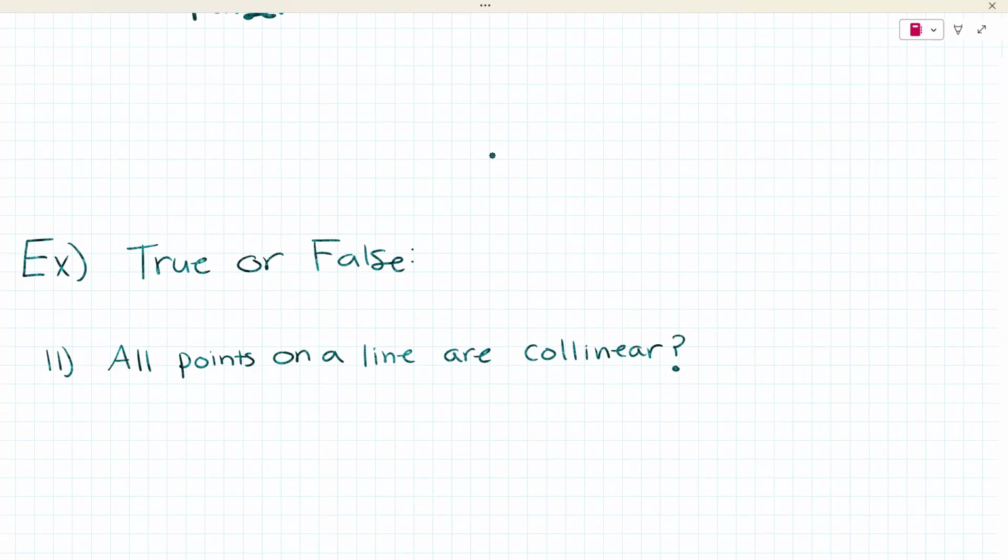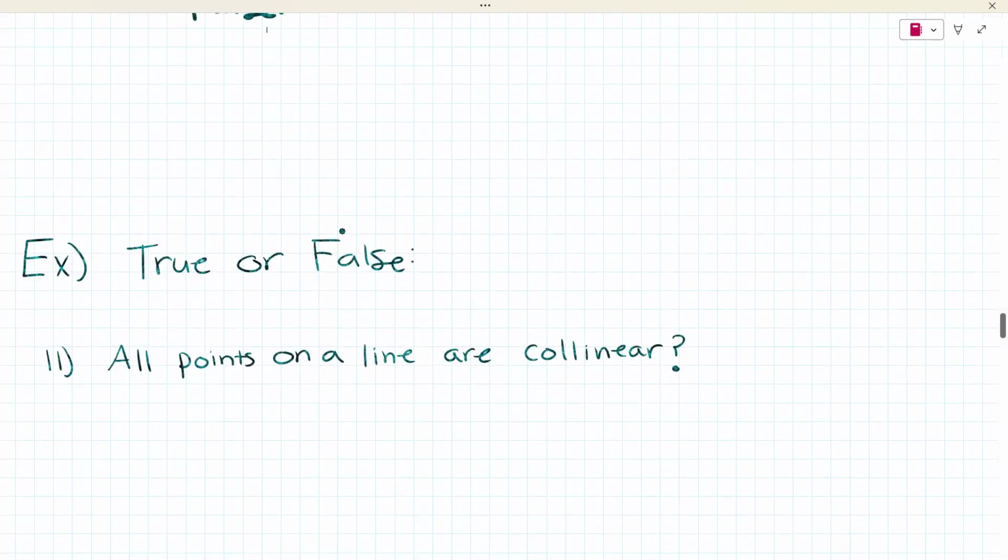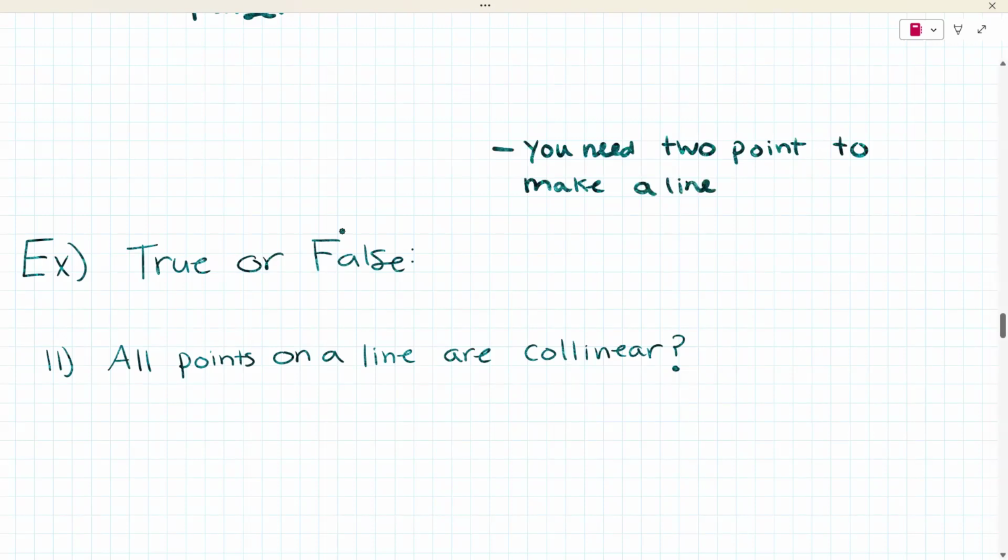Let's continue doing some true or false. So all planes on a line are collinear. So what you need to do, remember, is you need 2 points to make a line, and then you need 3 points to make a plane.